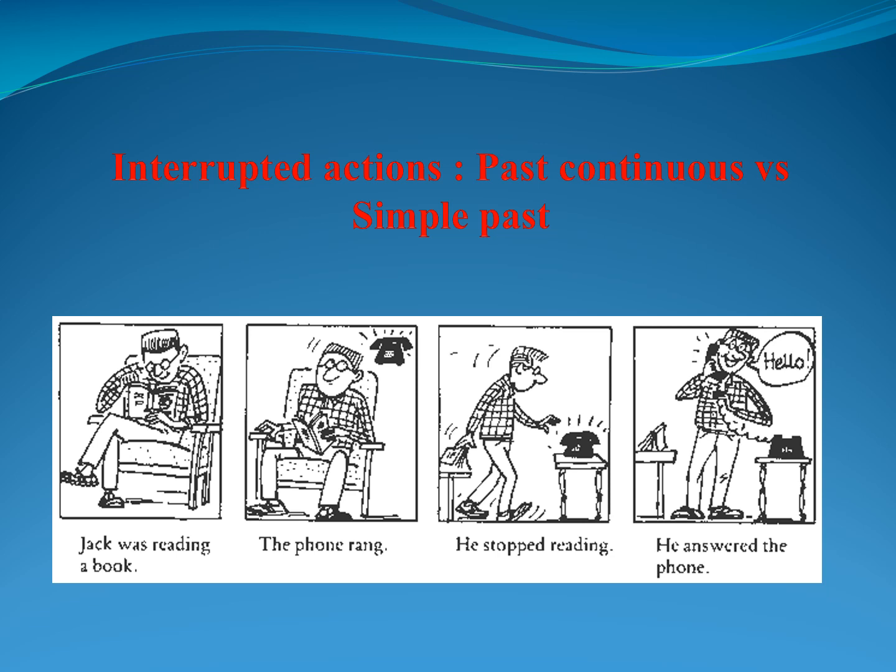The past continuous and the simple past. He was reading first. Then the phone rang. So the simple past interrupted the action of the past continuous. Jack couldn't finish his reading because the phone rang.